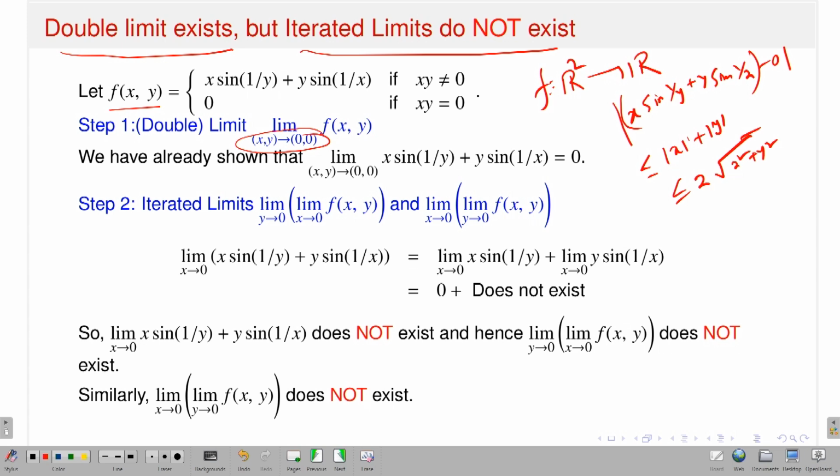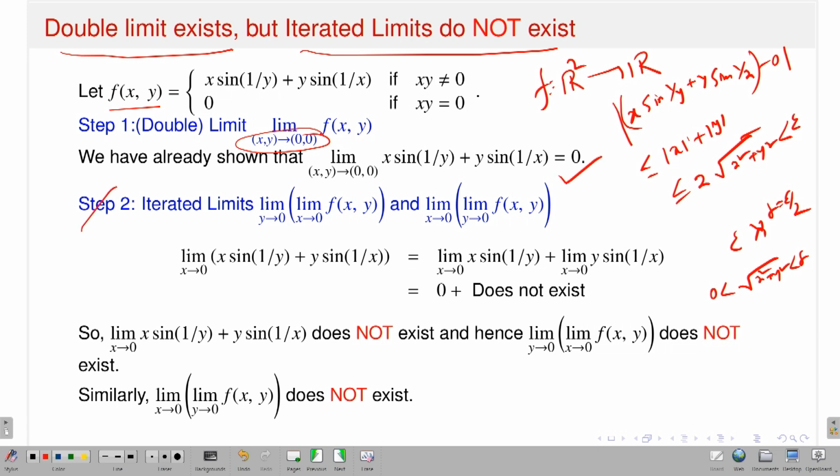Then use the definition: given epsilon positive, choose delta equal to epsilon by 2, then I can make this less than epsilon whenever 0 is less than x squared plus y squared, which is less than delta. That kind of calculation I already discussed in my earlier slides. Therefore this implies that the double limit exists and is exactly equal to 0.